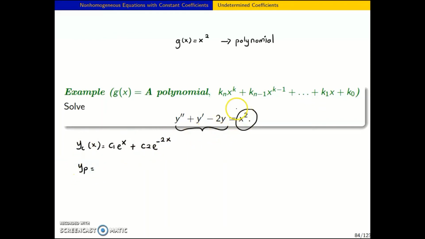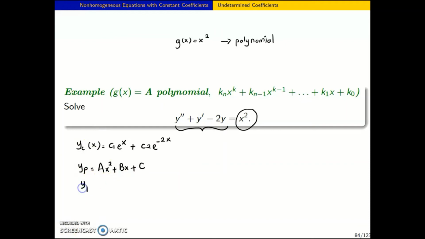If it's x, my yp will be ax plus b, but this is x squared. So my yp has the form of ax squared plus bx plus c. Now I need to differentiate once and twice.